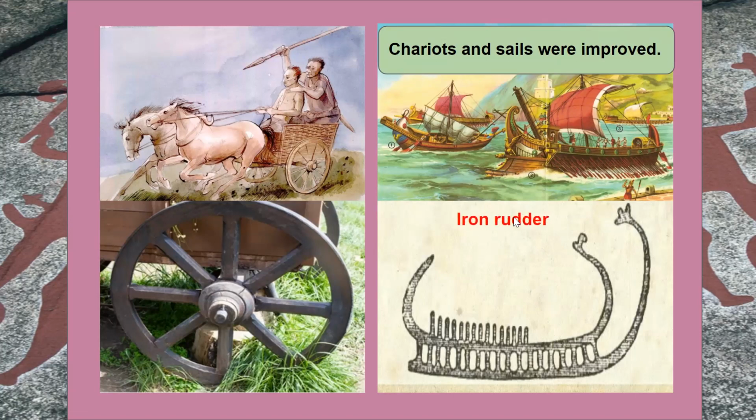The iron rudder is used in ships to make the ship steer on its own. Did you know that it was the first time that ships used sails during this time? Because of the invention of sails and chariots, transport of goods was made easier.